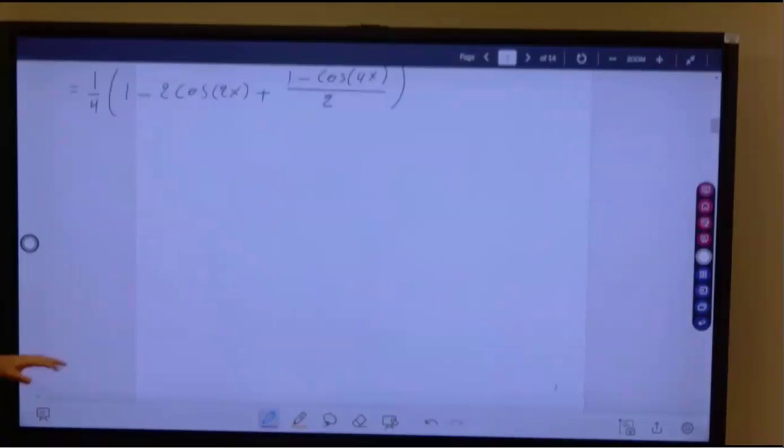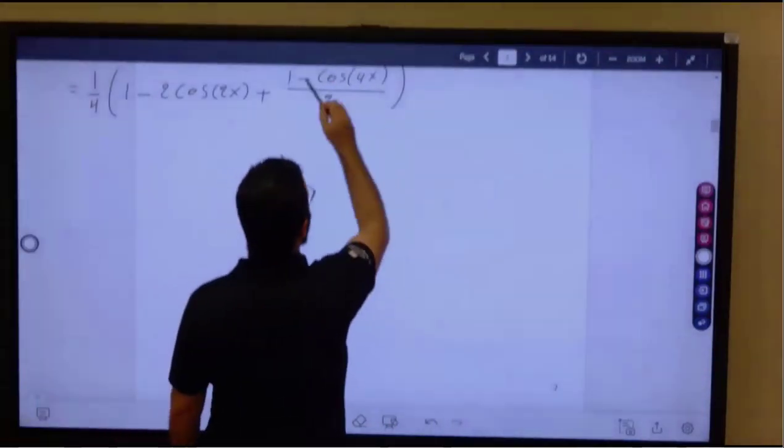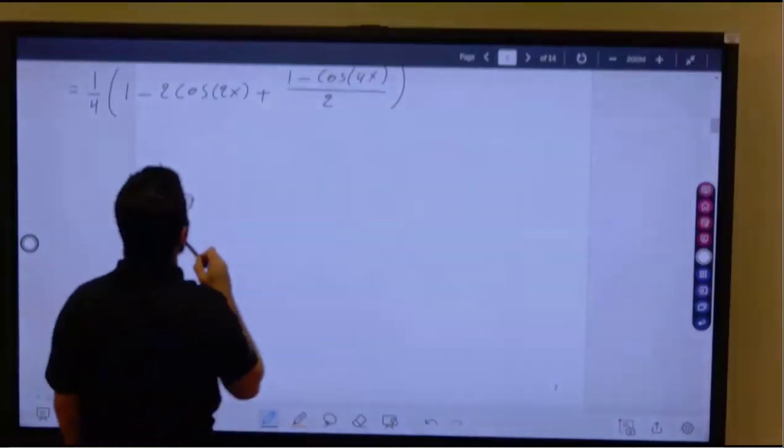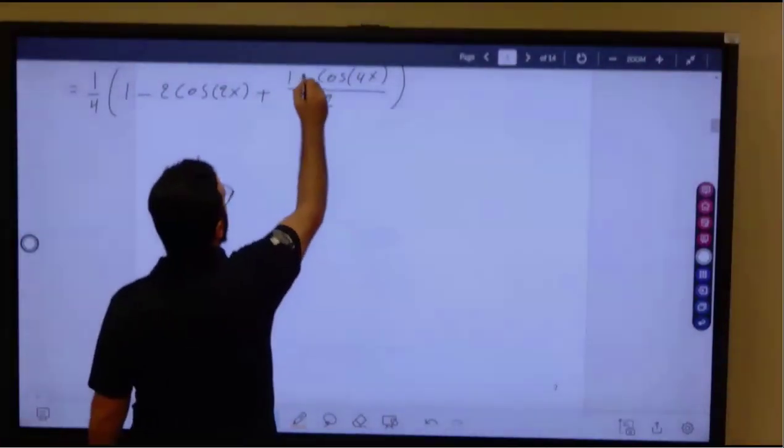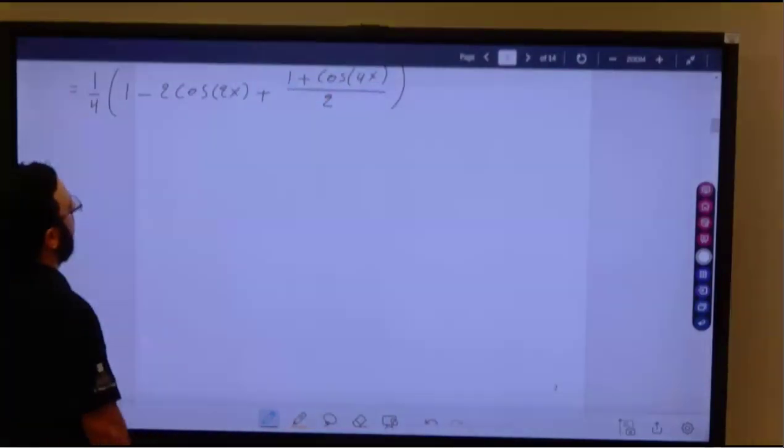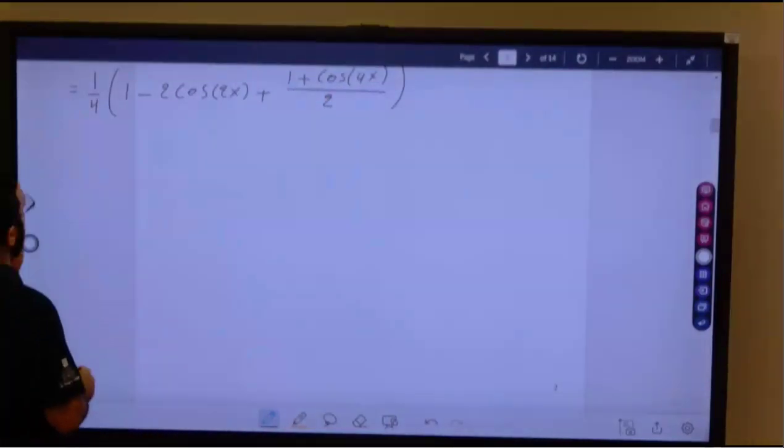So after we plug in cosine squared 2x here using the same formula, now we have 1 minus cosine, so 1 plus cosine 4x. Now I need to simplify it.